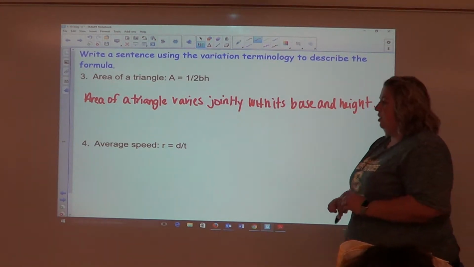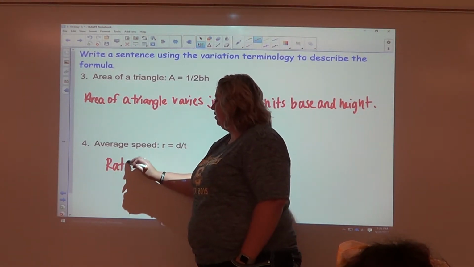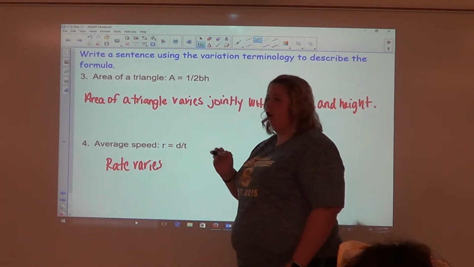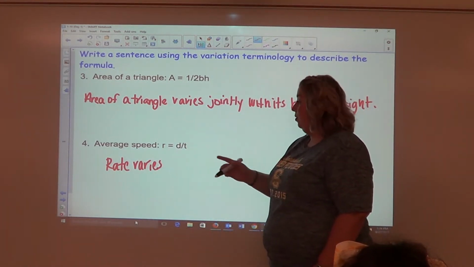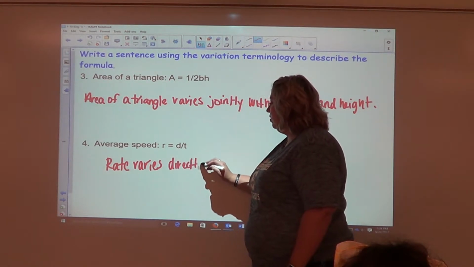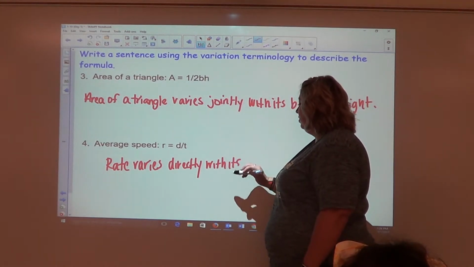Okay, so how would you write a sentence for this? The rate varies. Okay, how many variables are on top? 1, so it varies directly with its distance.